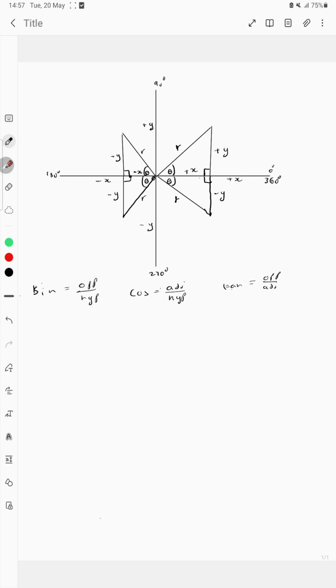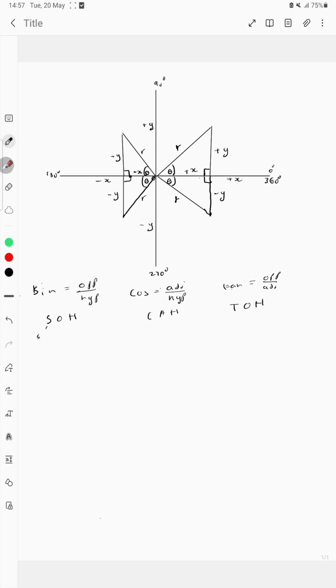Some teachers are very creative. They come up with ways to help you guys remember. So the most normal one is SOH CAH TOA.